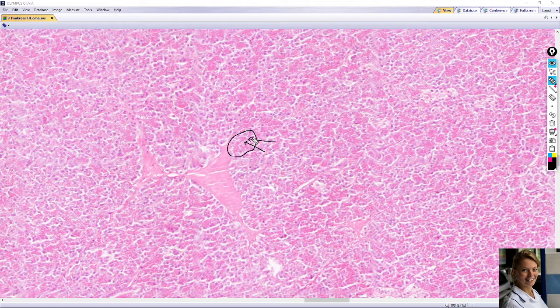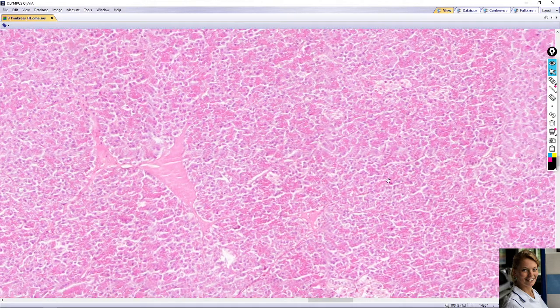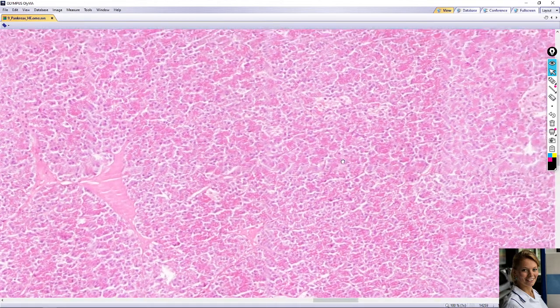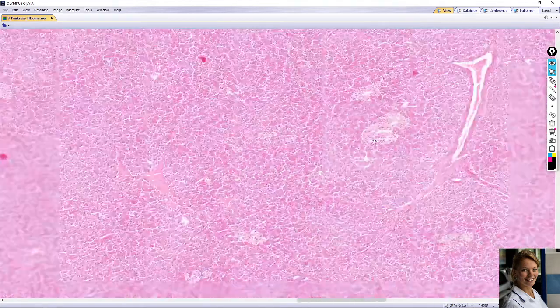The secretory products leave the acini via intralobular ducts that are lined with a low cuboidal epithelium, and the intralobular ducts drain into interlobular ducts in the interlobular connective tissue septa. The interlobular ducts are lined with a simple cuboidal epithelium that becomes taller and stratified as the ducts increase in size.